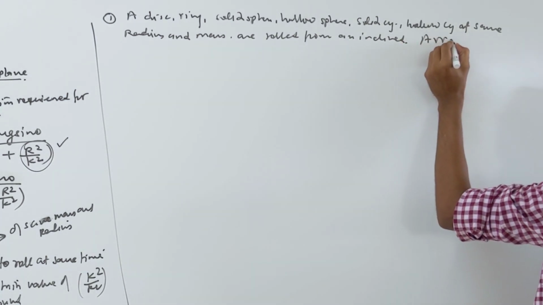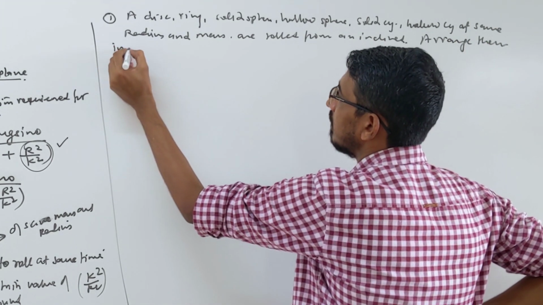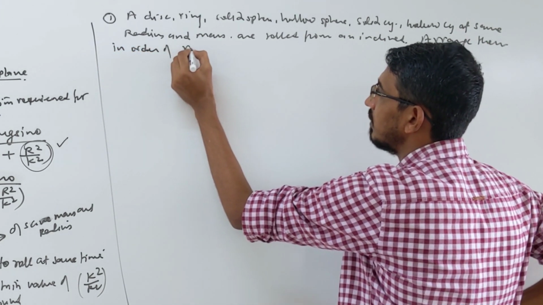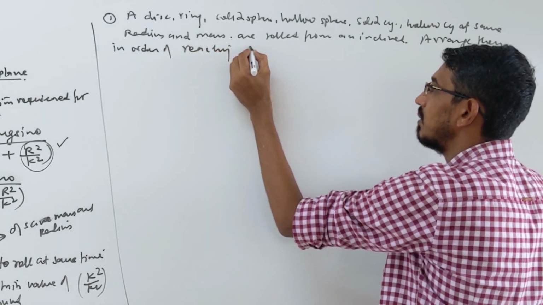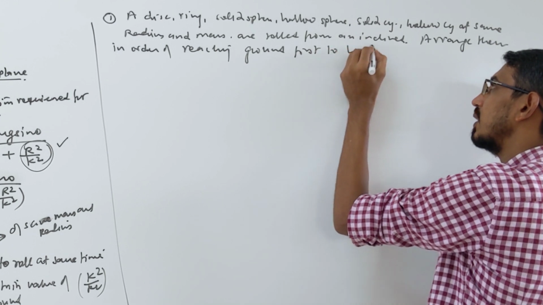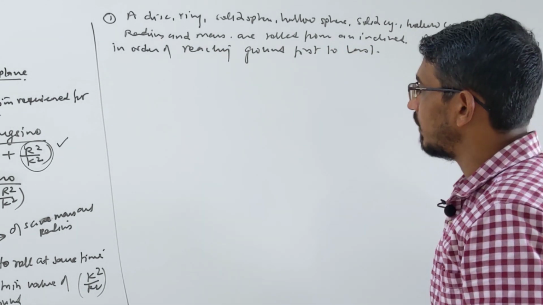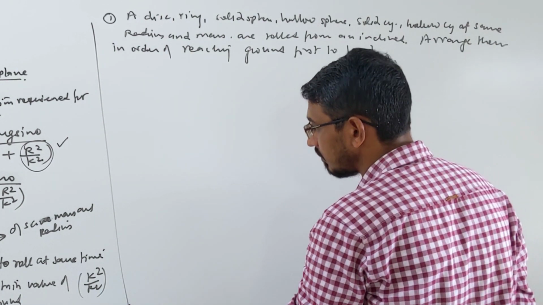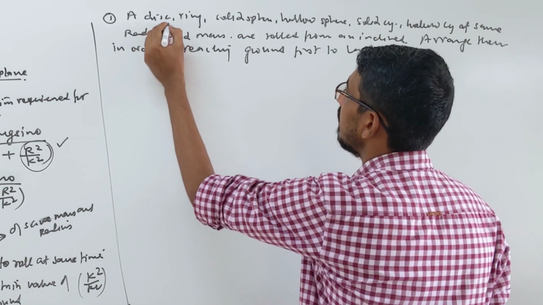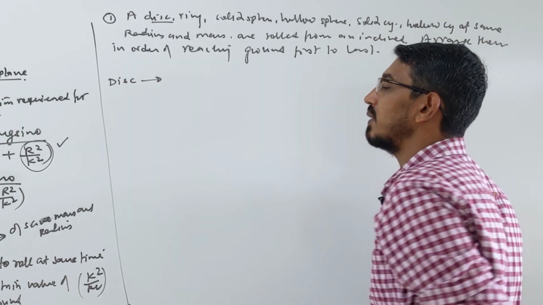Arrange them in order of reaching the ground, first to last. Let's do it one by one. The first object given is the disc.